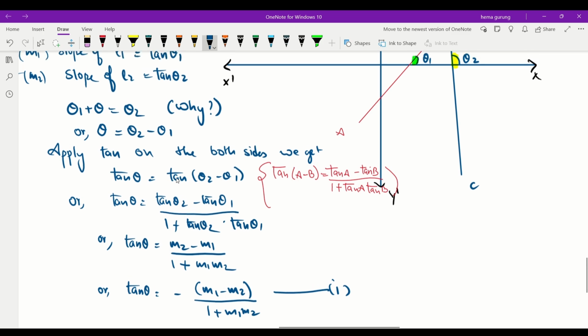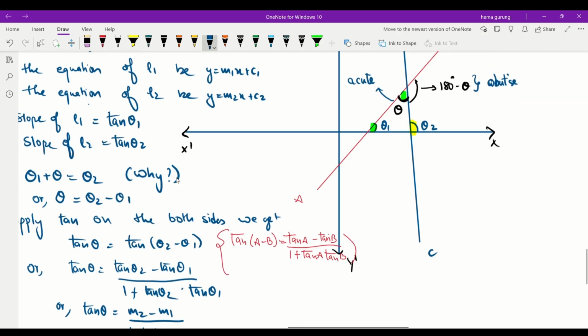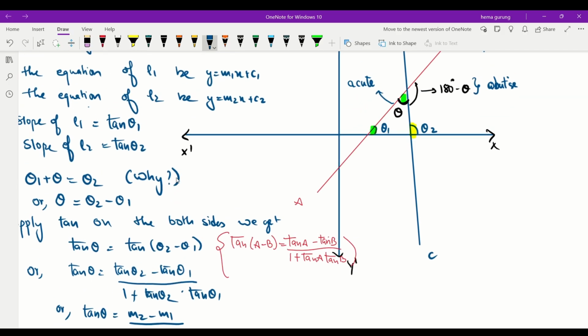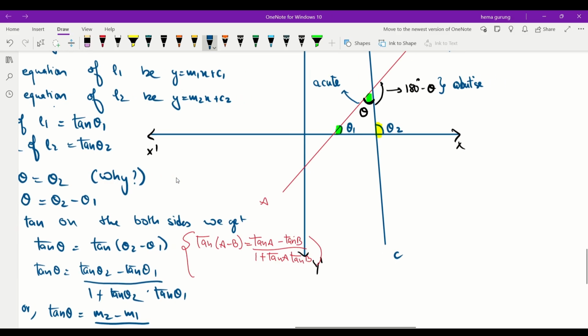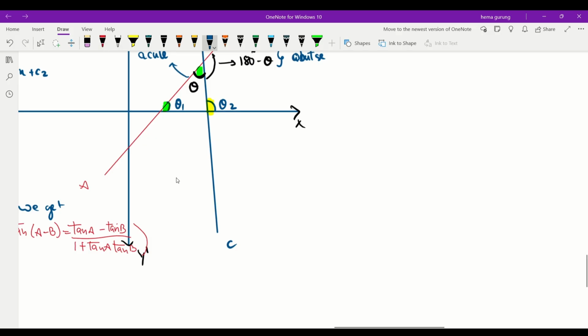Now we are done with the acute. Now focus on obtuse. If you see on the screen, for the obtuse, the angle between the two lines is 180 minus theta. So we'll write tan (180 degrees minus theta). It can be written as negative tan theta. Why? As 180 minus theta lies in the second quadrant and tan is negative there.